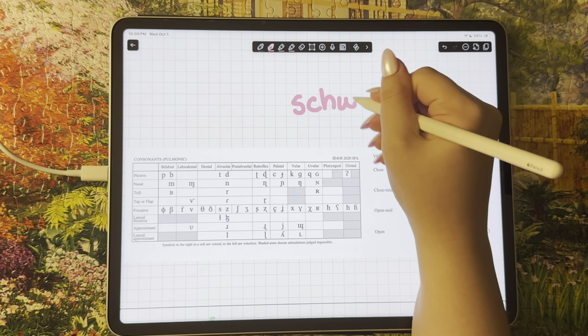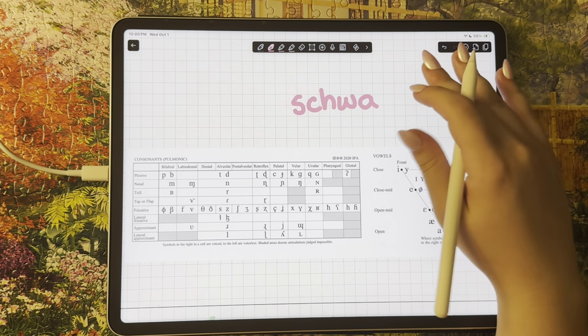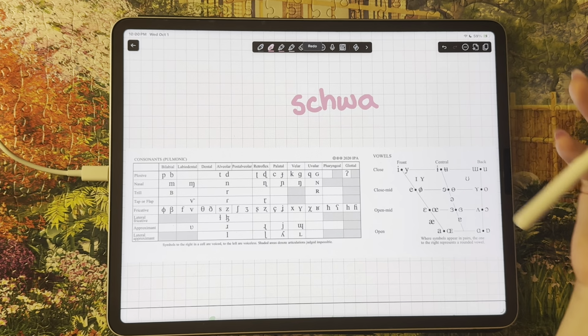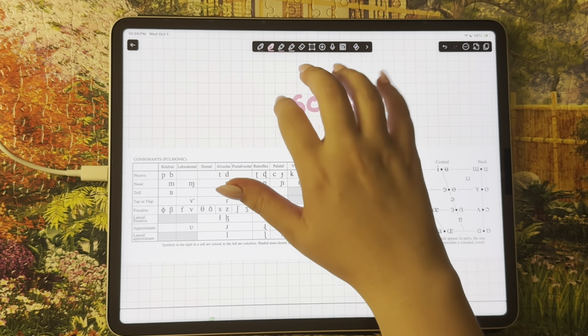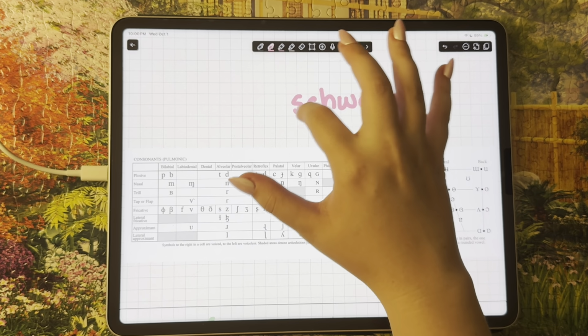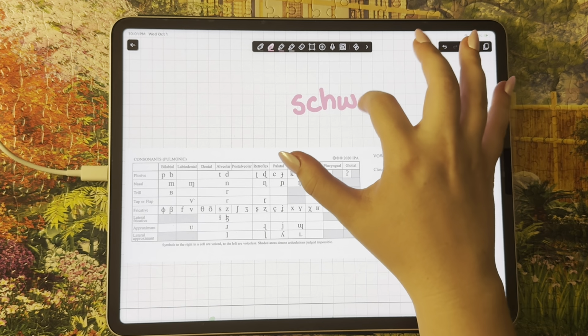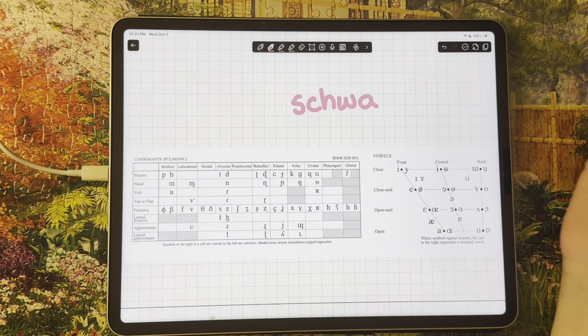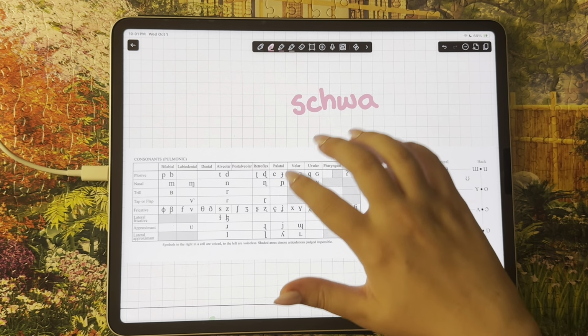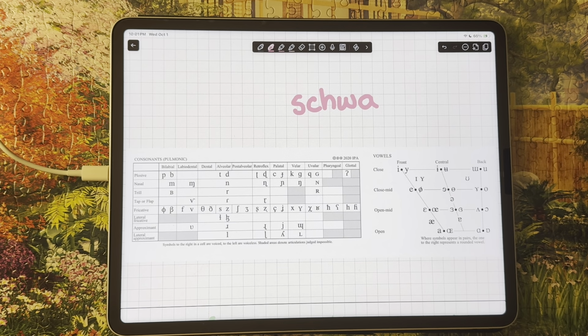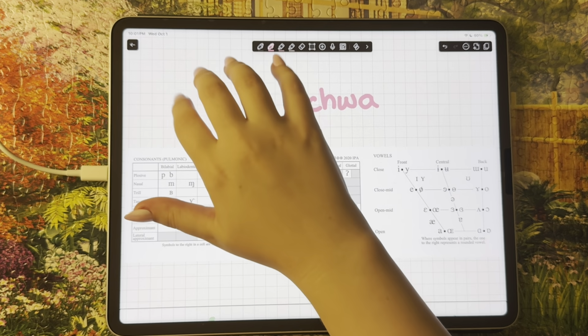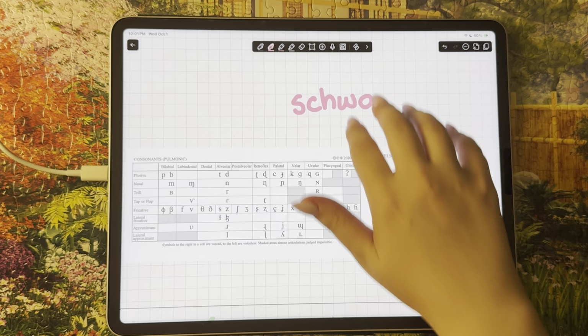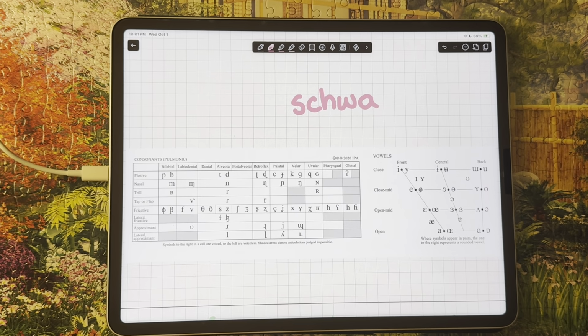Schwa. It's not very easy to pick out in English because it's kind of a vague, central sound.